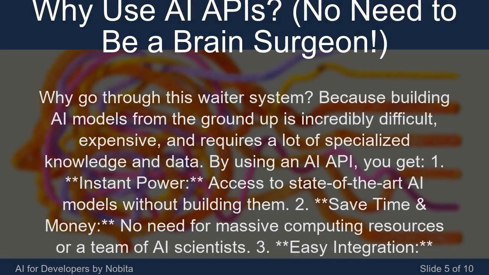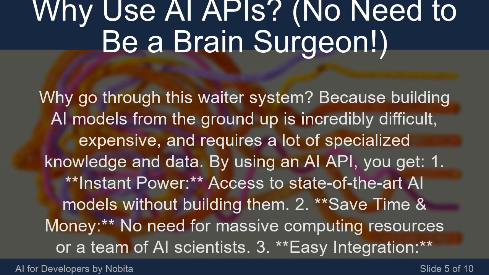Why go through this waiter system? Because building AI models from the ground up is incredibly difficult, expensive, and requires a lot of specialized knowledge and data. By using an AI API, you get: 1. Instant power. Access to state-of-the-art AI models without building them. 2. Save time and money.